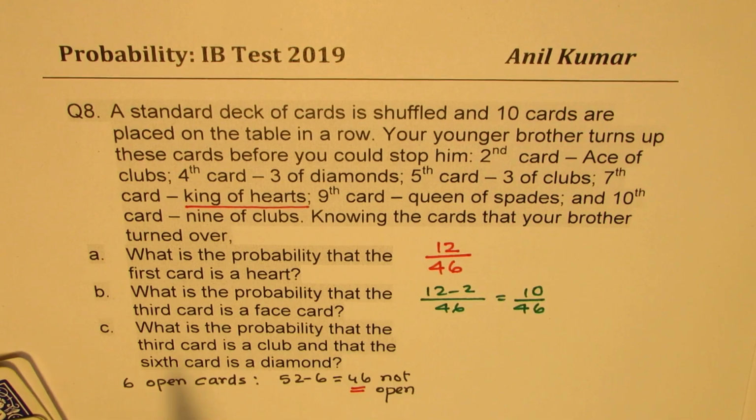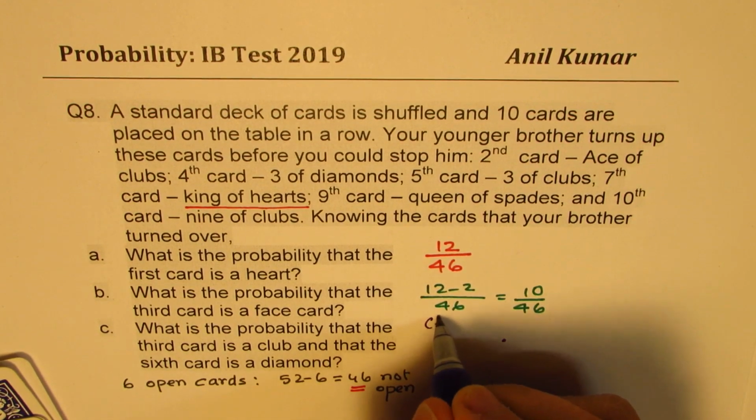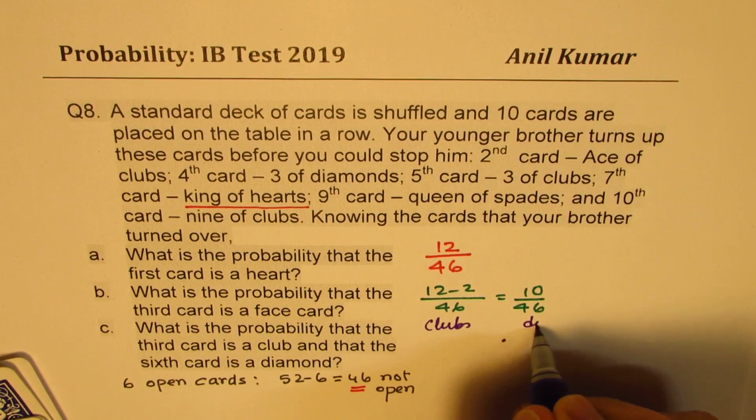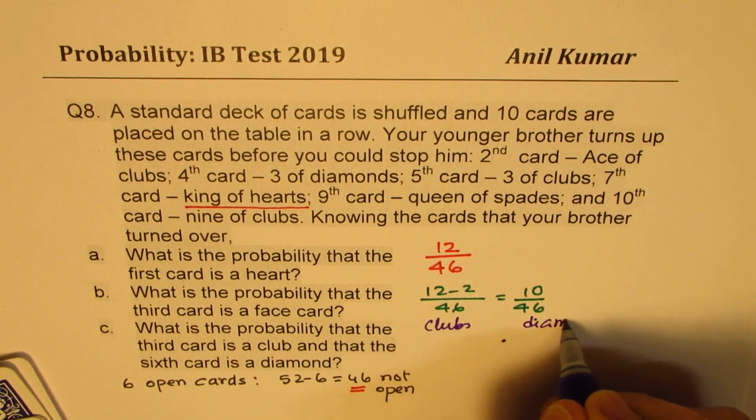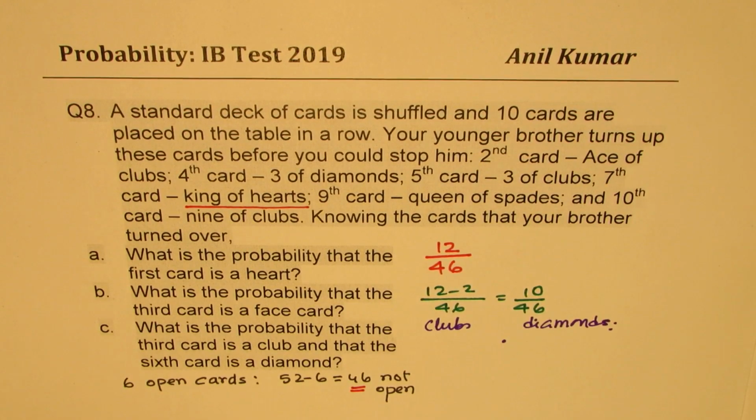Now part C is, what is the probability that the third card is a club and the sixth card is a diamond? So that means these are 2 independent events we are going to multiply, right? So we are going to multiply with clubs and diamonds, right? So we want third card is clubs.